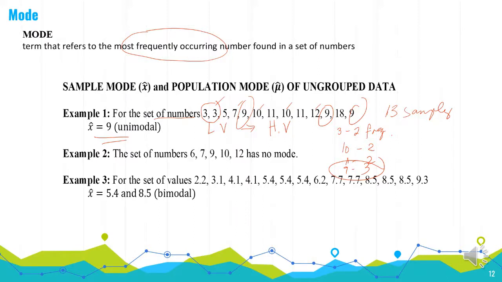That is the mode. Here, since nothing repeats, there is no mode. You cannot use the mode to describe the set. You can use the median or the mean.